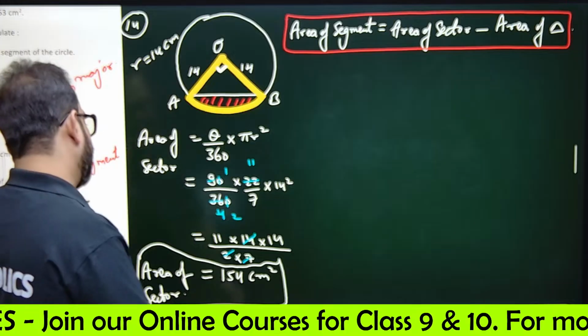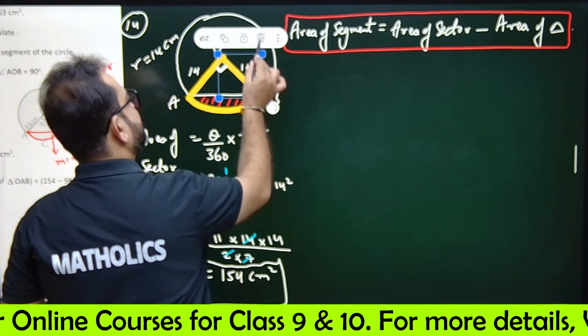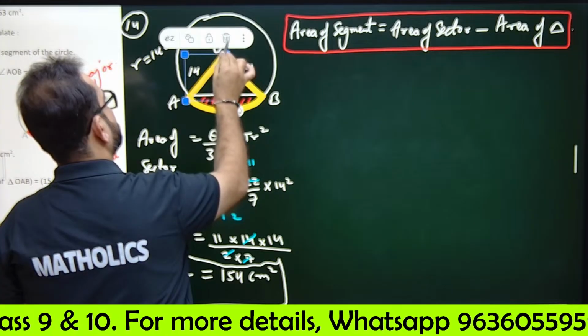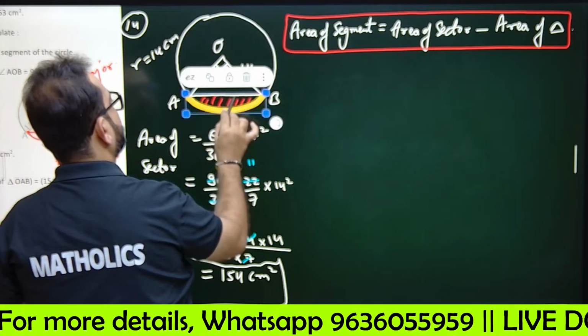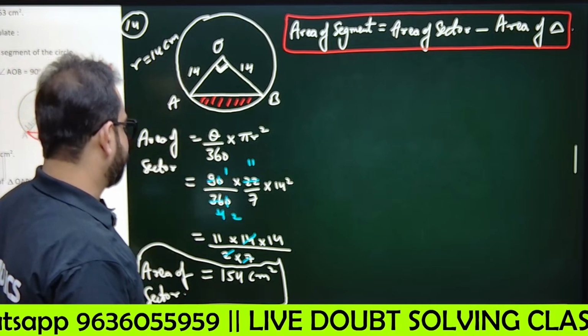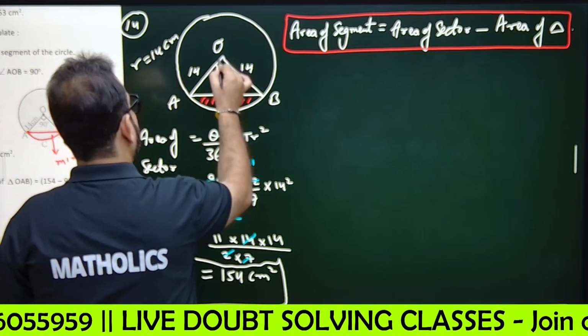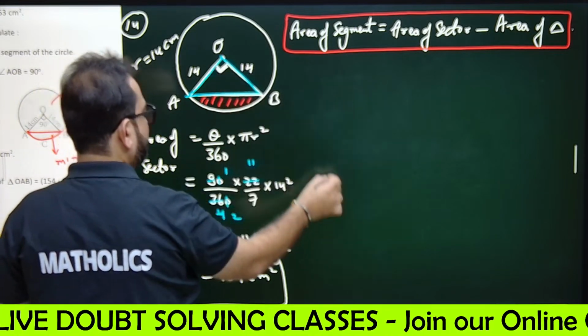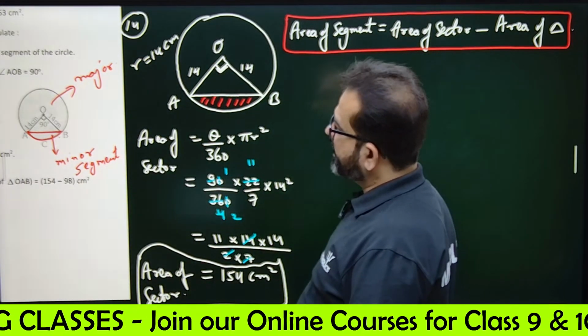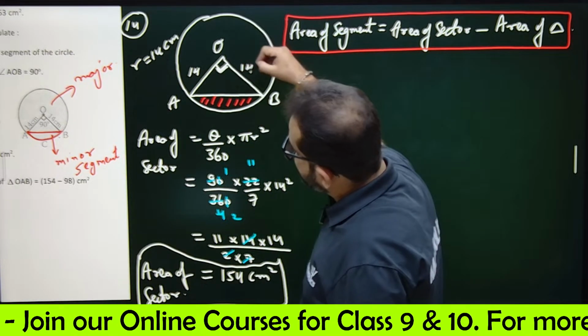Now, to find area of triangle is going to be really, really interesting. You have to find area of this triangle, okay? So if you see, to find area of this triangle, this will be base, this will be height.